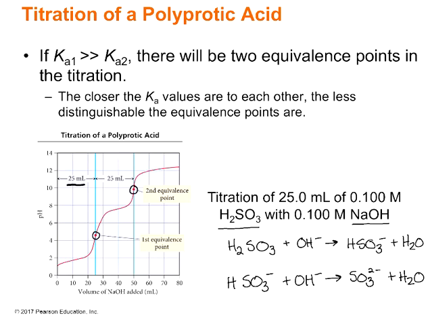On your homework, I believe there is a question that asks you to label different parts of this type of graph. Some of the other titration curves we talked about, those different terms we went over, like half equivalence point, etc., will also apply to the titration curve of a polyprotic acid.